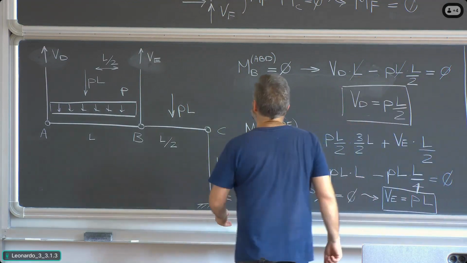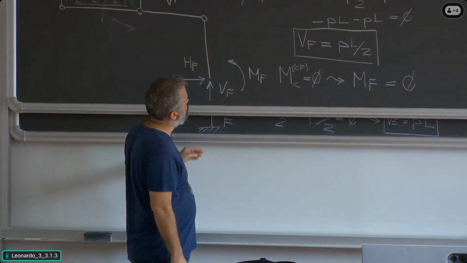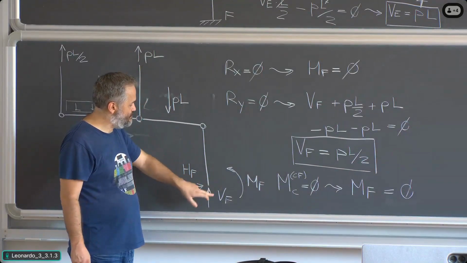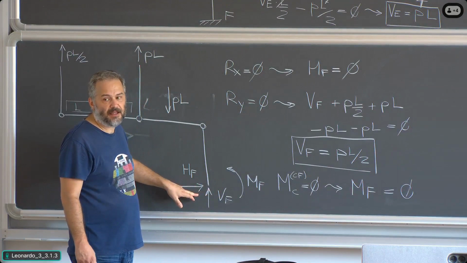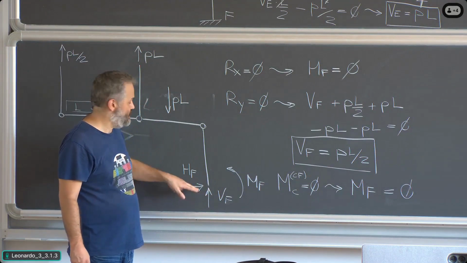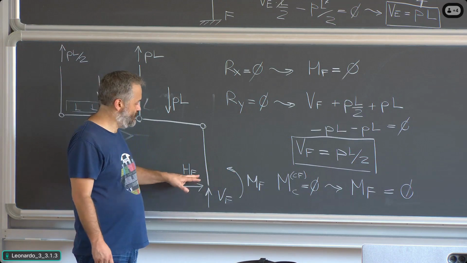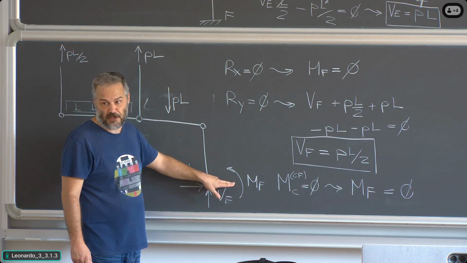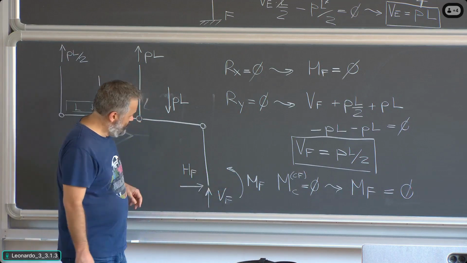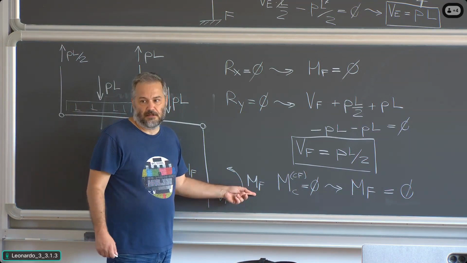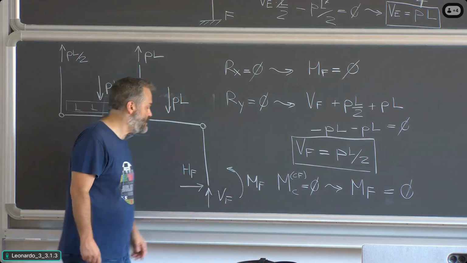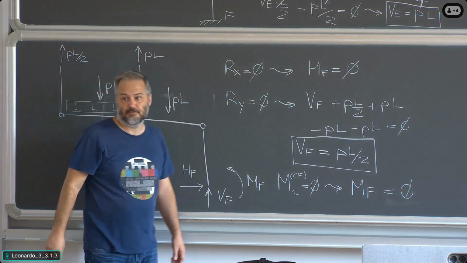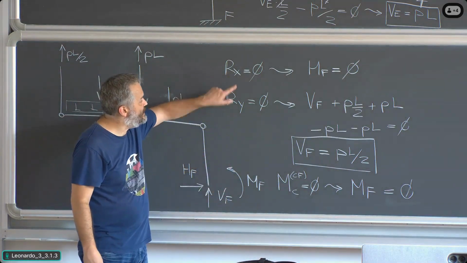Moment, of course. Now, I looked at the restraint at point F. It's a built-in end, so a priori it has 3 reaction forces: horizontal, vertical, moment, because all the 3 degrees of freedom are restrained. To get MF, I could start by writing rotational equilibrium of the whole structure, like I did for Rx and Ry.